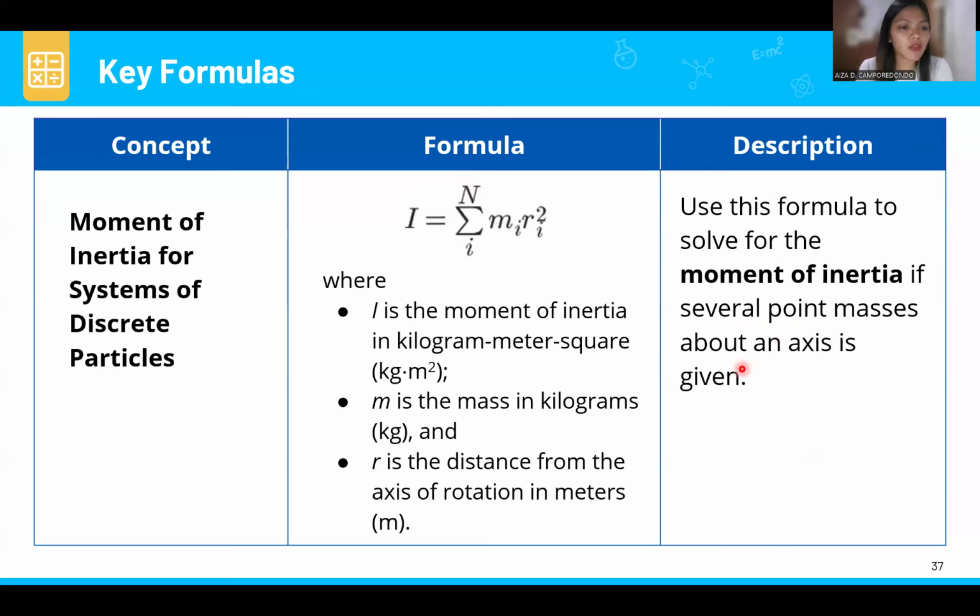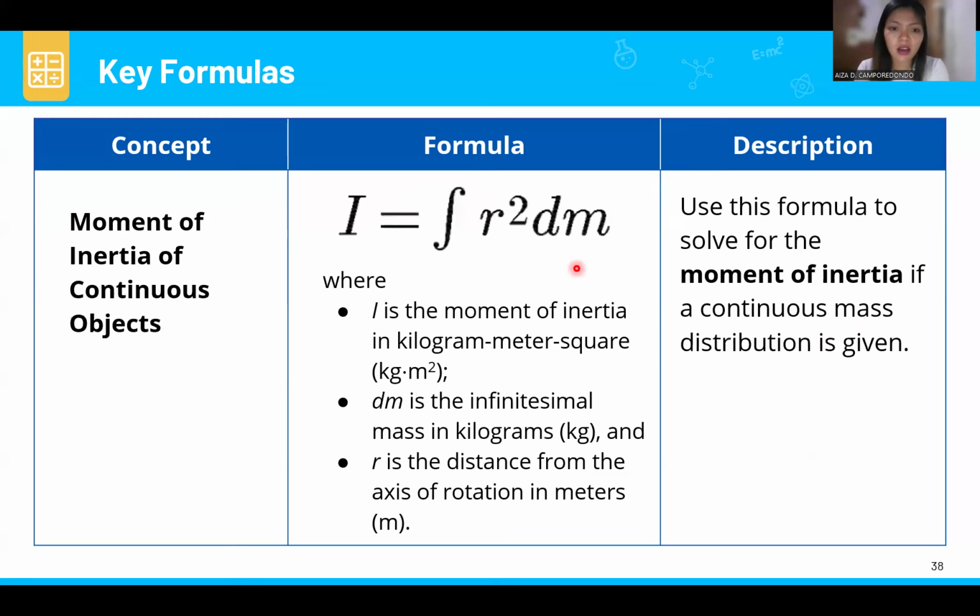For the moment of inertia of a system of discrete particles, you're going to use this formula when there are several point masses given in the problem. So you're going to use summation right here. On the other hand, the moment of inertia of continuous objects, this formula can be used if there is a continuous mass distribution.